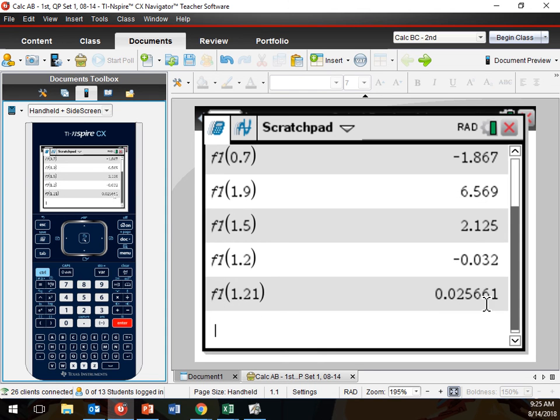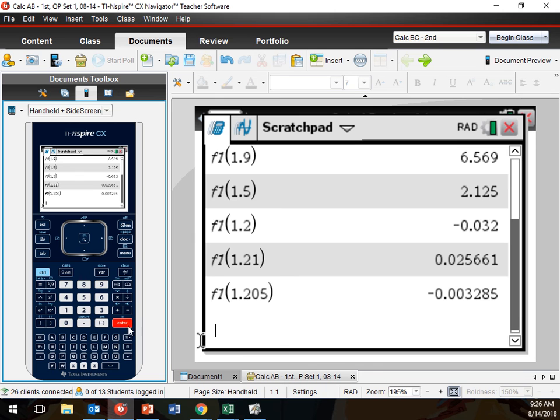It's positive now. Okay, so let's keep going. 1.2. Dang it. 1.205. It's negative. Close. I'm almost to my third digit here.